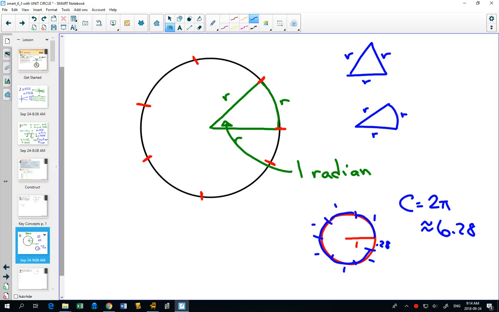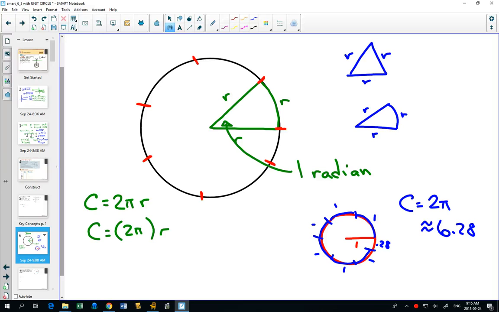Does that make sense? That if I translate it to this circle, my circumference is 2 pi r. That means that there are 2 pi radiuses that fit around the circle.